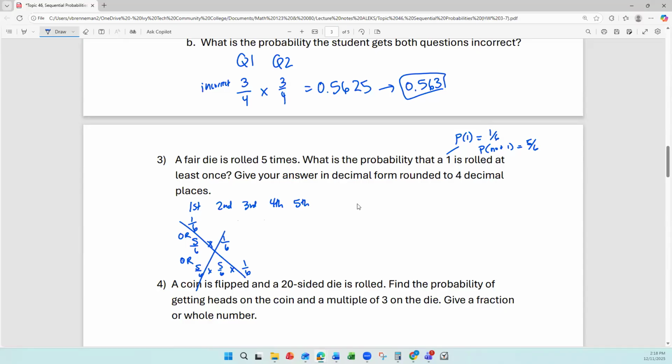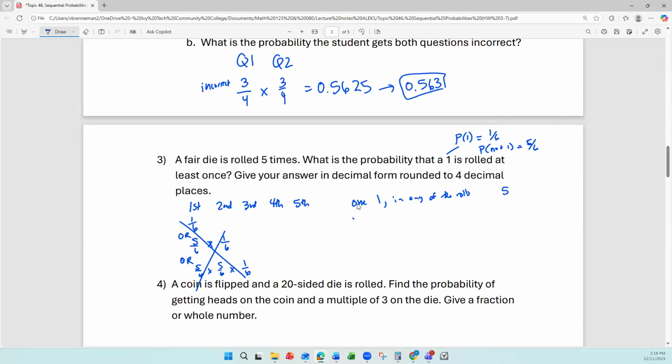Another way is to say, well, there could be 1, 1 in any of the rolls. And you have to figure out how many ways are there for there to be 1, 1 mixed in there. That would be 5 ways.